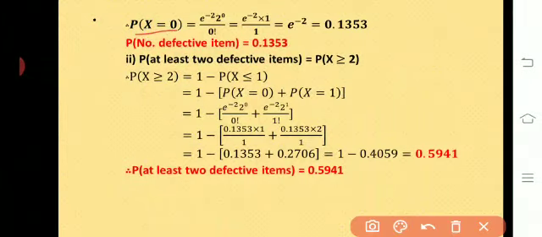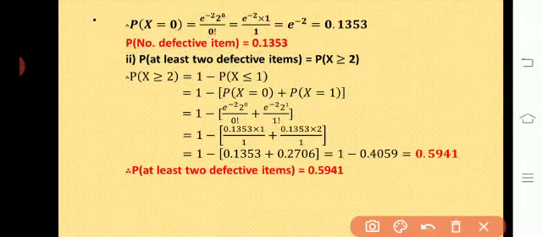So e raised to minus 2 into 2 raised to 0 upon 0 factorial, which is equal to e raised to minus 2 as it is, since 2 raised to 0 is 1 and 0 factorial is 1. And the e raised to minus 2 value you will get from the statistical table, the Poisson distribution table. It is 0.1353.